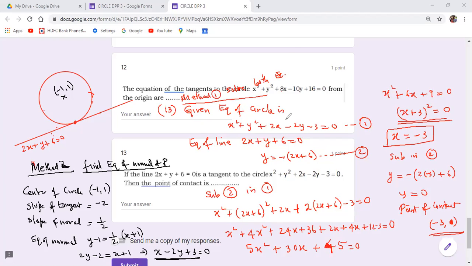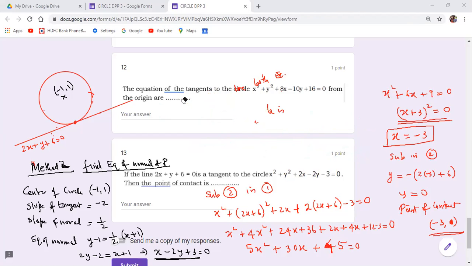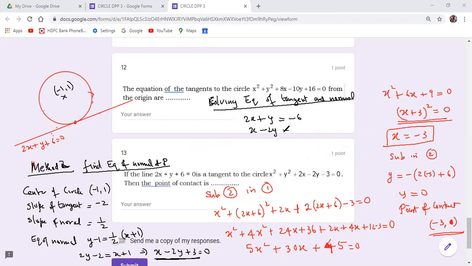Now what should I do? Tell me, what should I do? Solve both of them. Solve the equation of tangent and normal. So 2x plus y equal to -6, x minus 2y equal to -3.